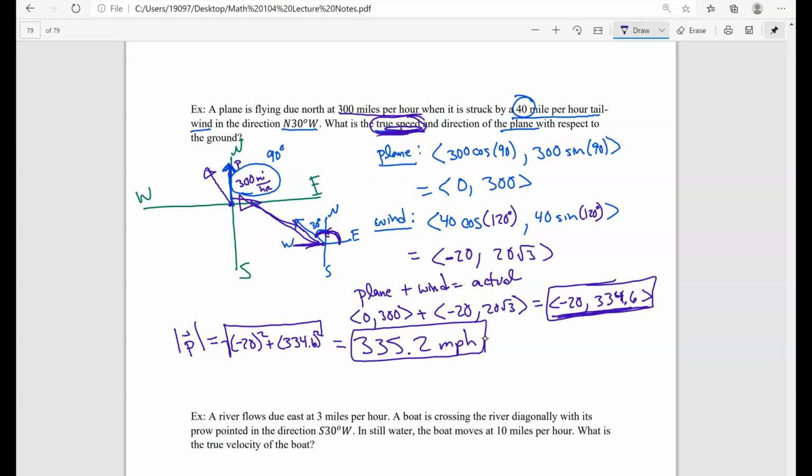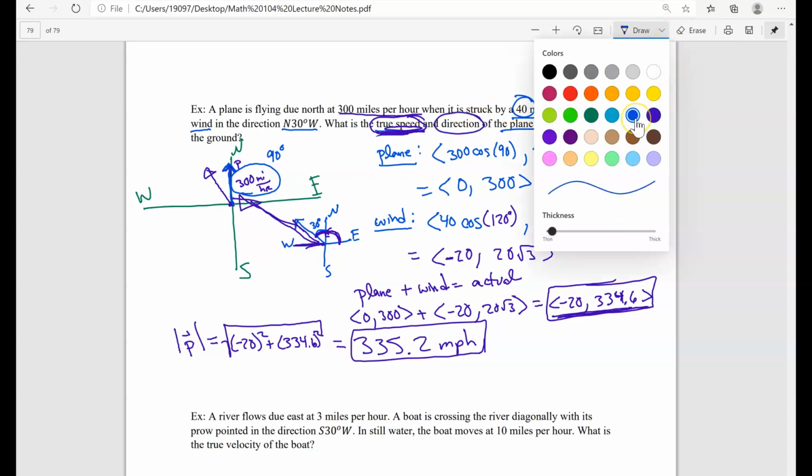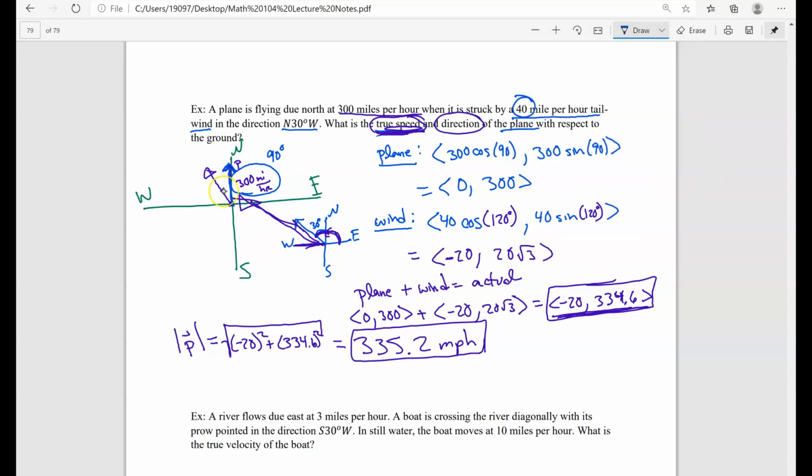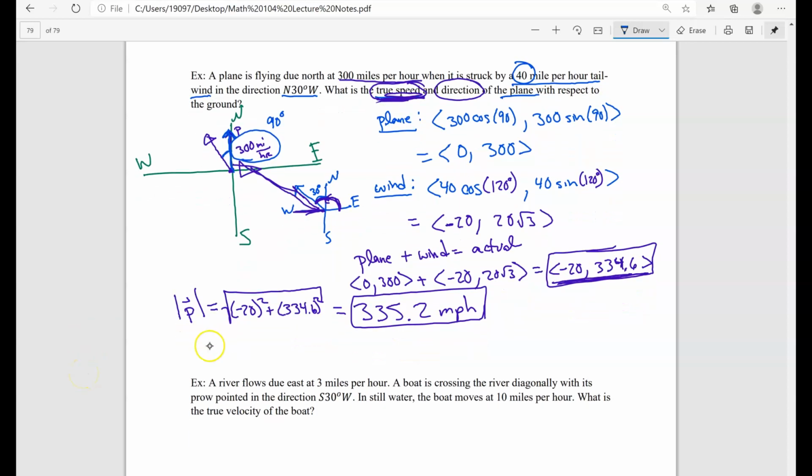So now we also want to figure out the direction at which it's going. Clearly, because it got thrown off course and it's now going northwest, you're going to have a new type of bearing. So how do we do that? Well, that's just going to be the inverse tangent. So the direction is theta equals the inverse tangent of the y component, 334.6, divided by negative 20.